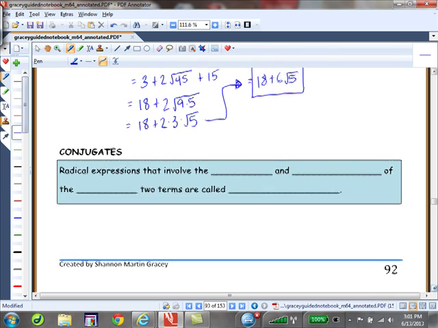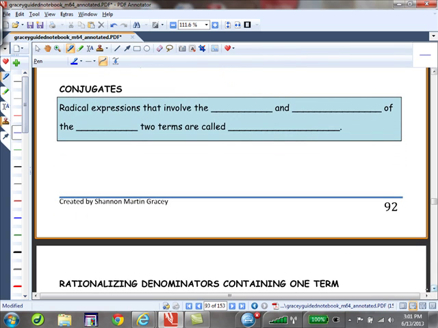All right, now moving right along to conjugates. Radical expressions that involve the sum and difference of the same two terms are called conjugates.